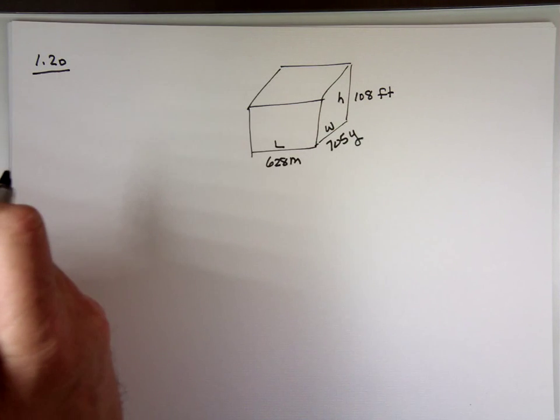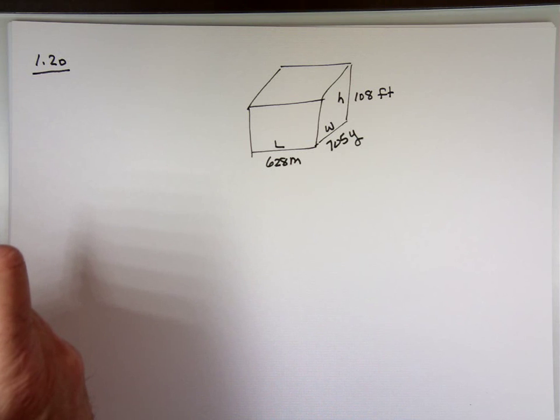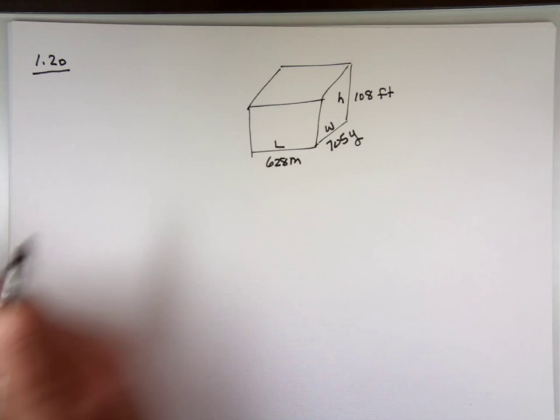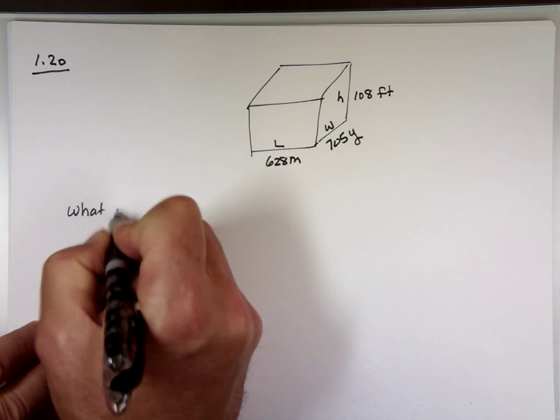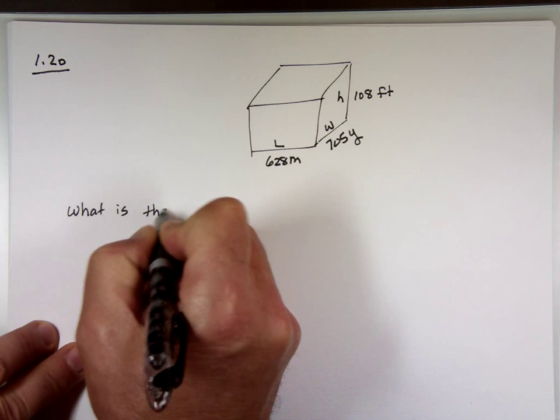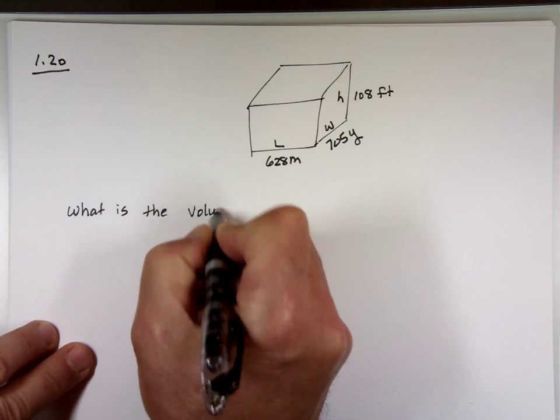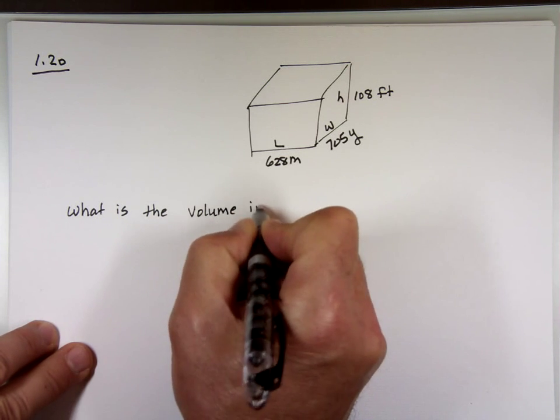What is the volume in cubic feet? And after that, convert that to cubic meters. So the first question, what is the volume in cubic feet?